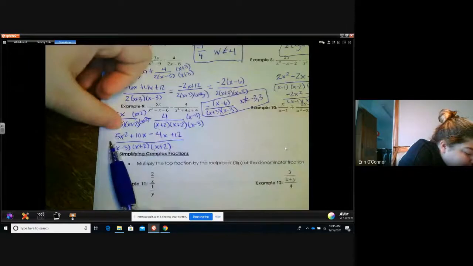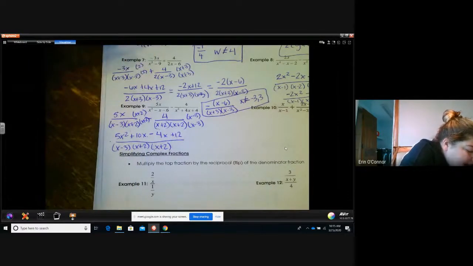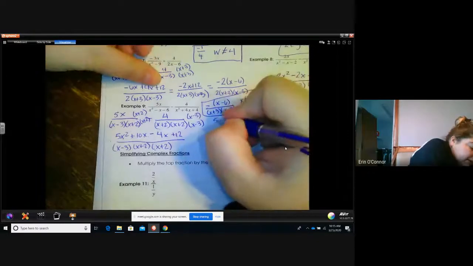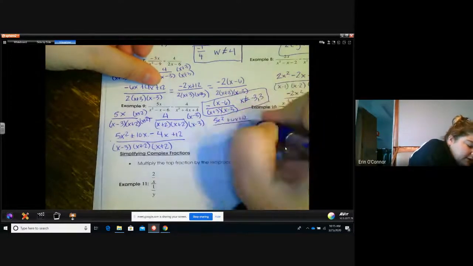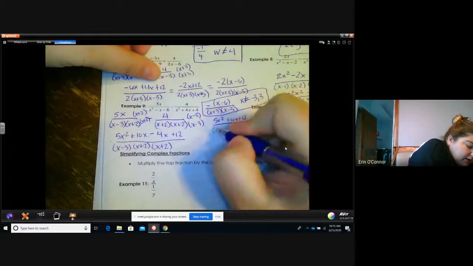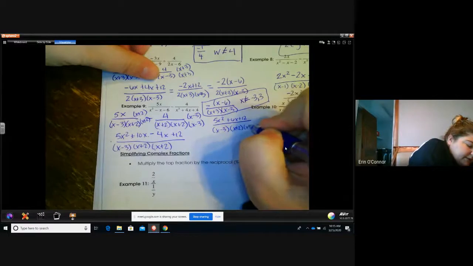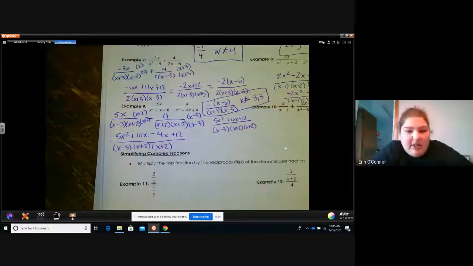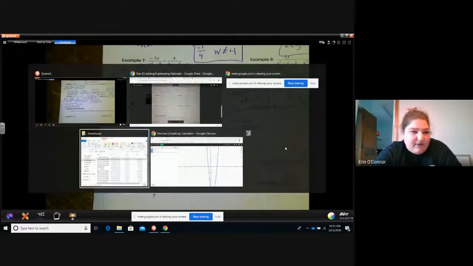So now we're going to combine like terms, and we get a 6x here. So we get 5x squared plus 6x plus 12 all over x minus 3, x plus 2, x plus 2. And I'm really quickly thinking in my head if that is factorable. In fact, let's check Desmos to see if that's factorable, the numerator.